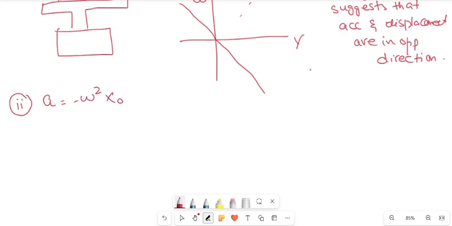If you look at the graph, we'll take the value for the maximum acceleration, which is 4.5. Then omega square, omega is 2 pi f square, and x naught is the amplitude.